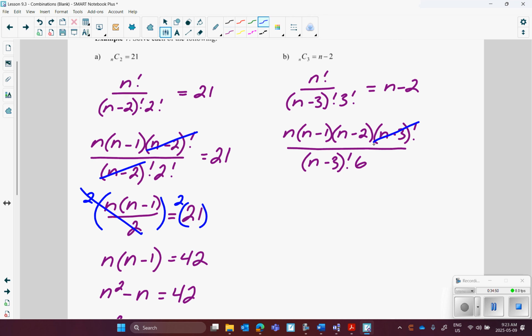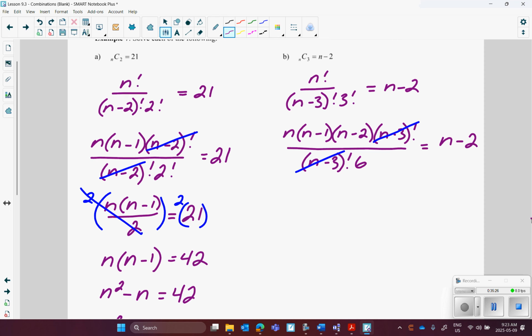So those go, and I still have equal to n minus 2. If I multiply both sides by 6, I get this times this equals 6n minus 12. And then if I multiply all this through, I'd get an n cubed. We really don't know how to solve n cubed equations.